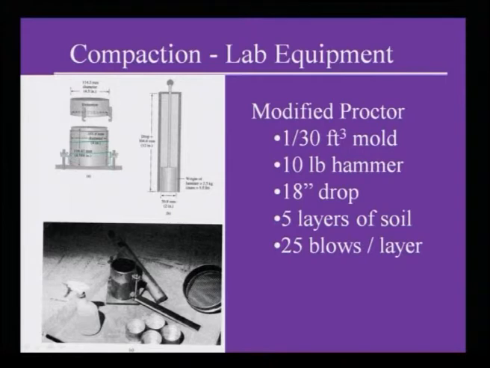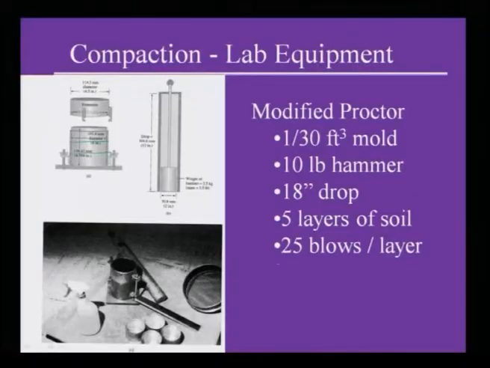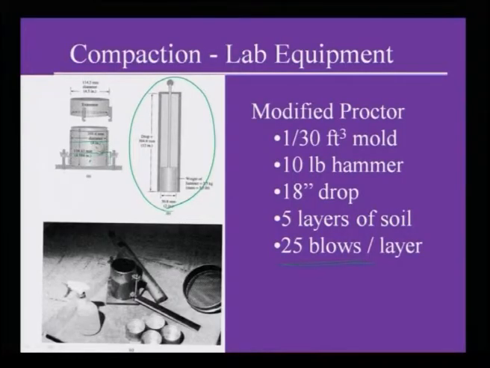I divide the entire soil into 3 layers inside the compaction mold. Each layer has to be compacted with 25 blows by means of a hammer, here 25 blows, here 25 blows, here 25 blows. This is as per the specification given by the American Society for Testing and Materials.